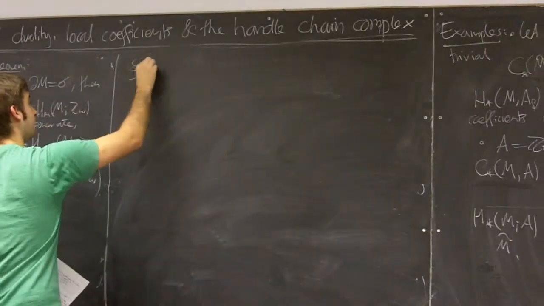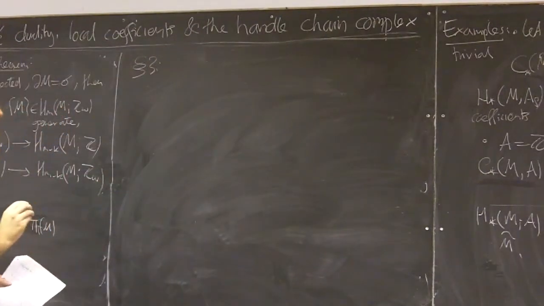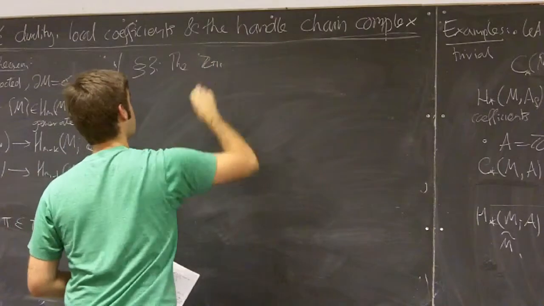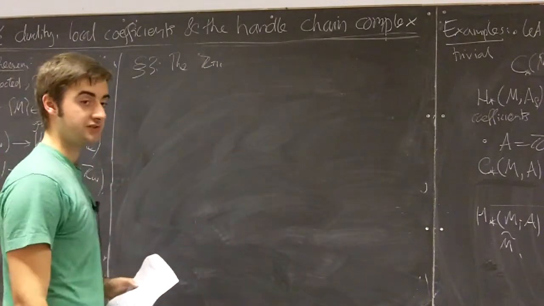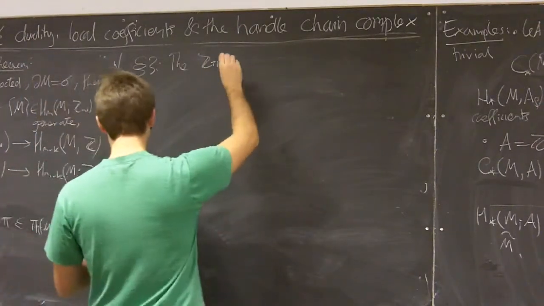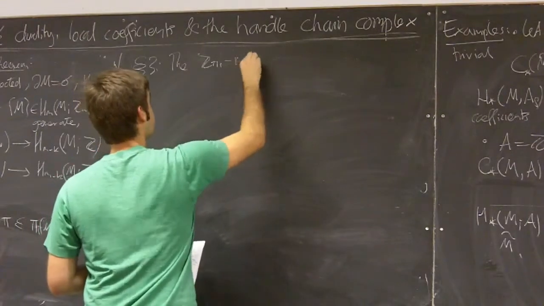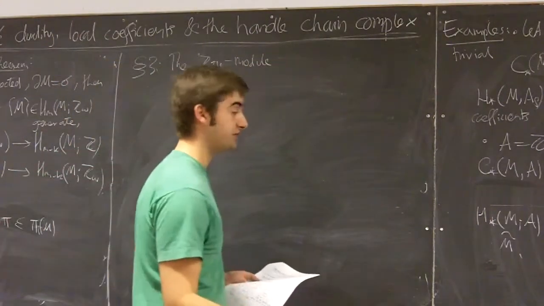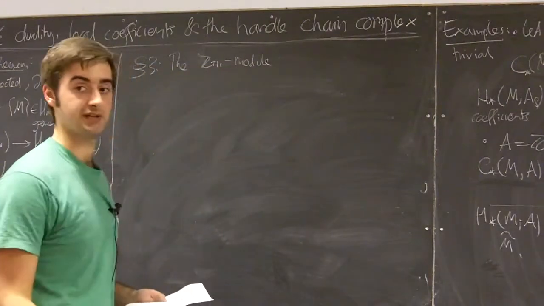And now for the final section of this talk, we'll return to handle decompositions like we were talking about in the first lecture, and this time we'll consider the handle chain complex as a Z pi 1 module chain complex.